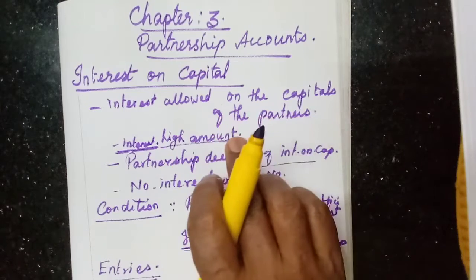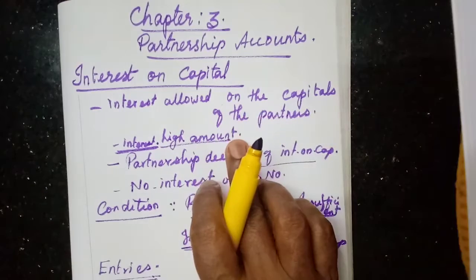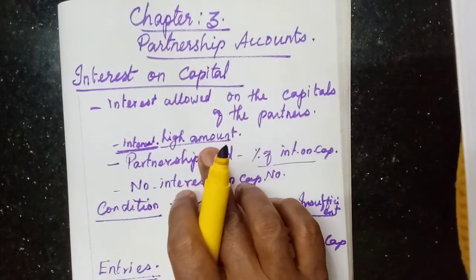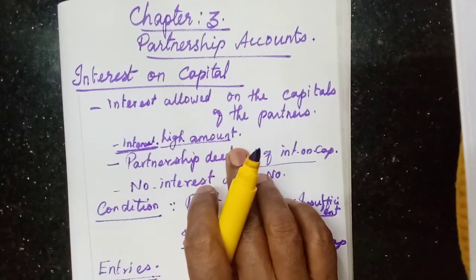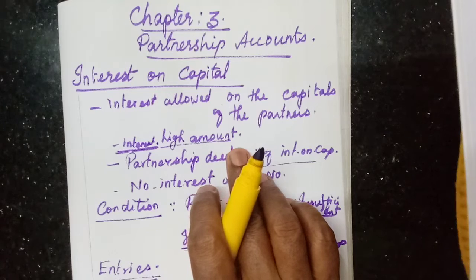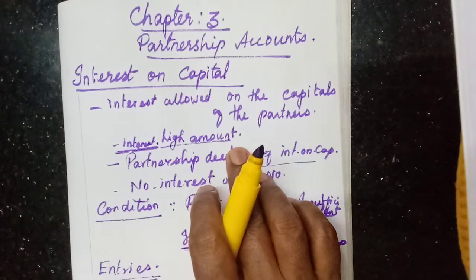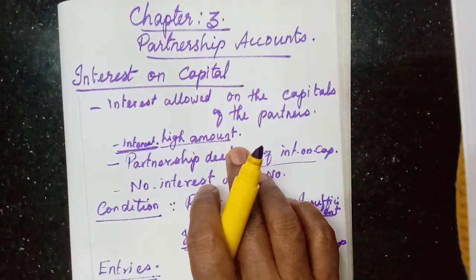Interest on capital is interest allowed on the capitals of the partners. Sometimes some partners may invest a high amount and the other partners may invest less. So the partner who has deposited more may want to get some interest on capital, just to compensate his high investment, and the business has to agree.